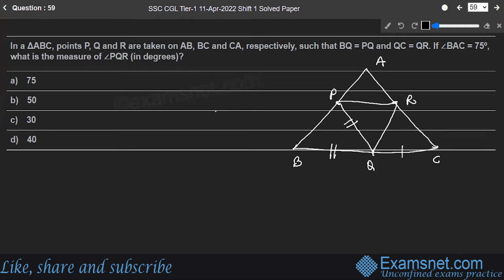QC and QR are equal. Also, you are given that angle BAC is equal to 75 degrees. You have to find out the angle PQR. So this is the angle that you have to find out in the question.